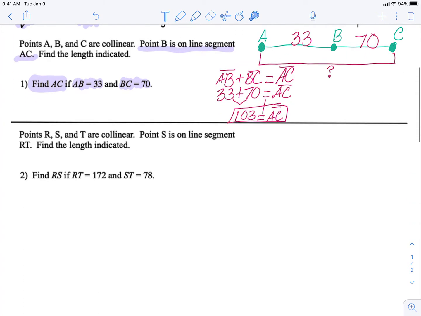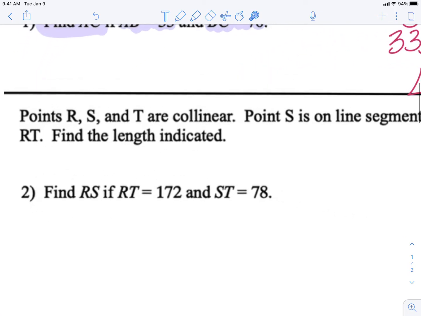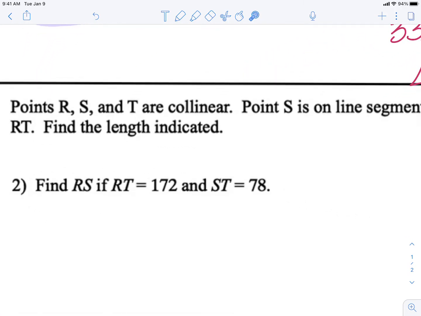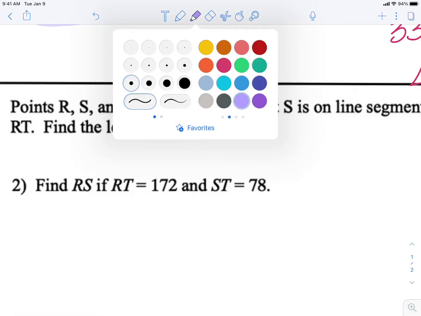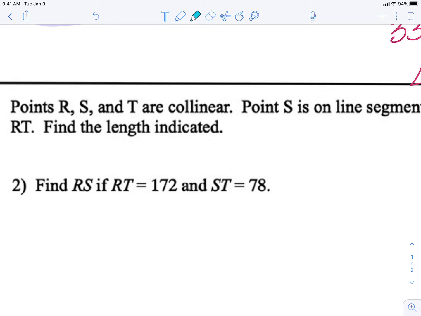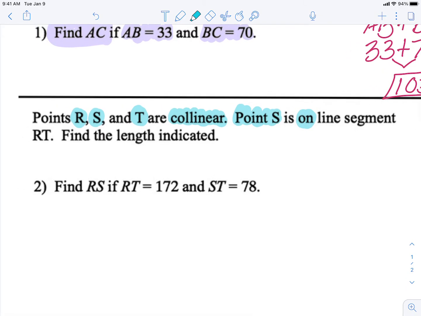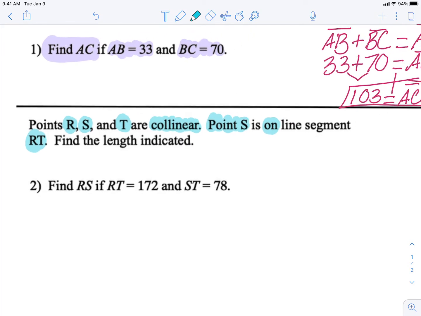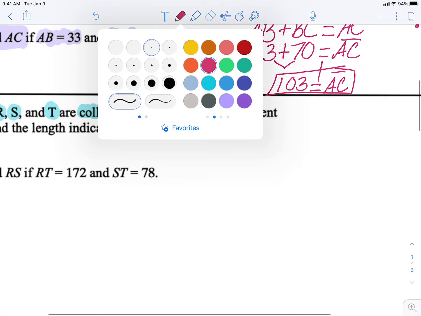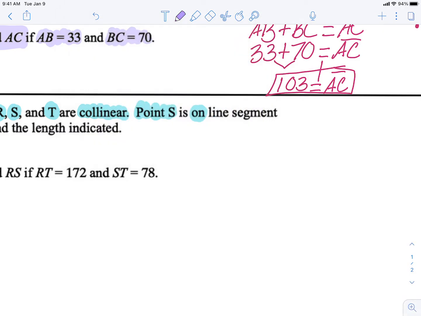So let's go to the second example here. This second example says points R, S, and T are collinear. Collinear means they're on the same line, right? Next it says point S is on line segment RT. So that means that RT is our line segment.